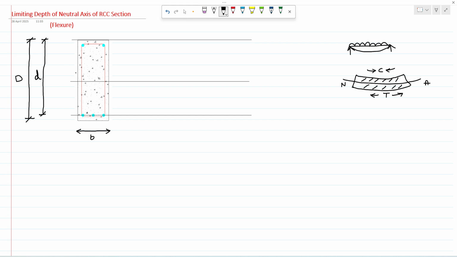Okay. So if you have a strain distribution diagram, it will be like this. The strain distribution diagram will be linear.